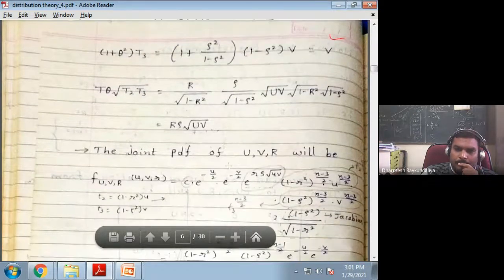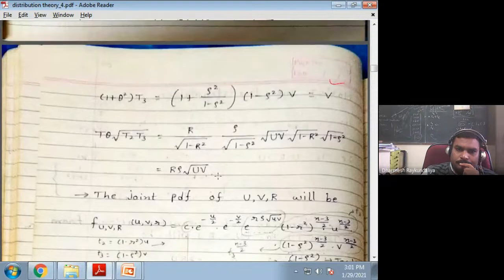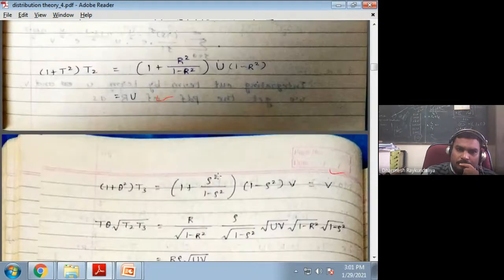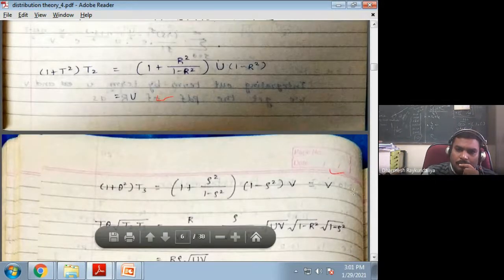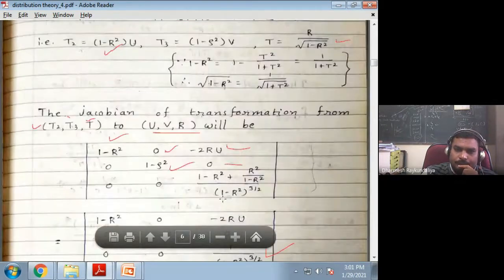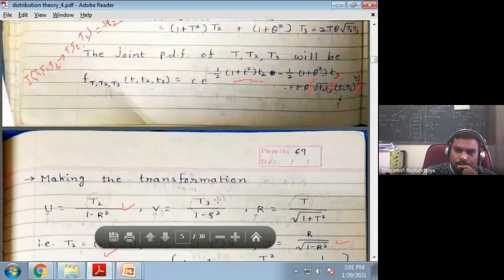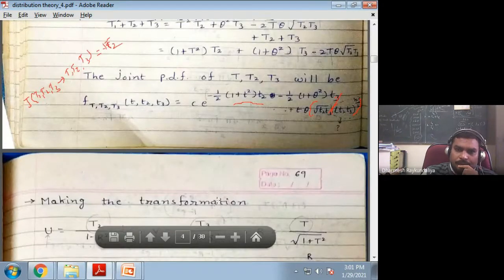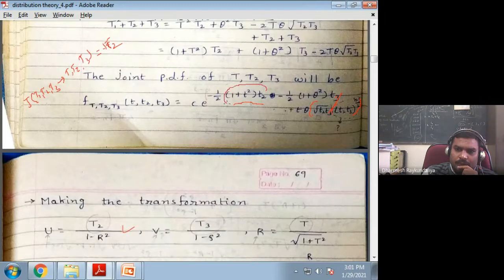So now we have to substitute. What is this quantity? It is u. This quantity is v, and what is this quantity? It is r rho root uv. So just substitute here. This becomes u, so it is now e raised to minus u by 2. This becomes v, so it is e raised to minus v by 2.